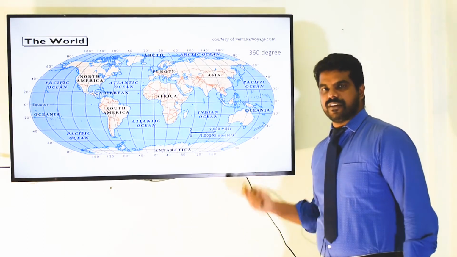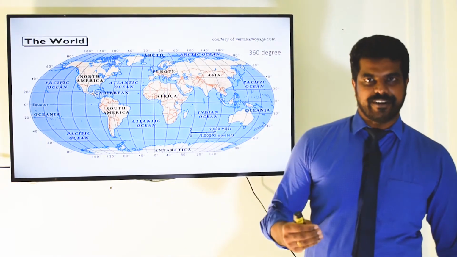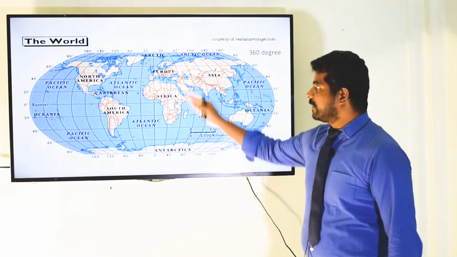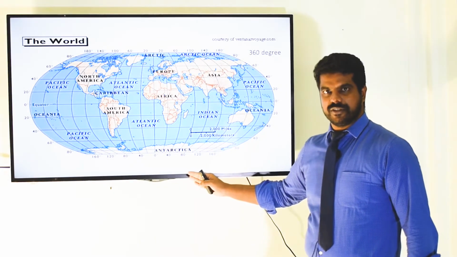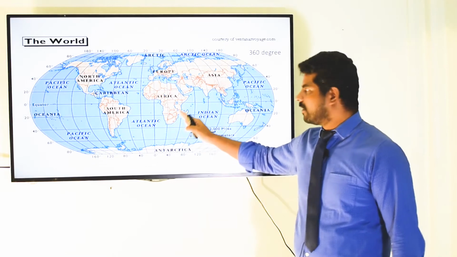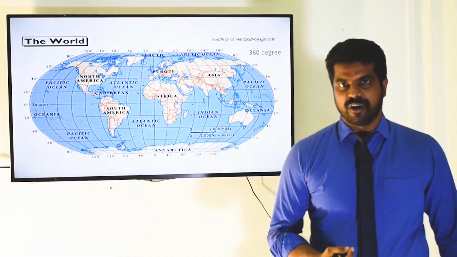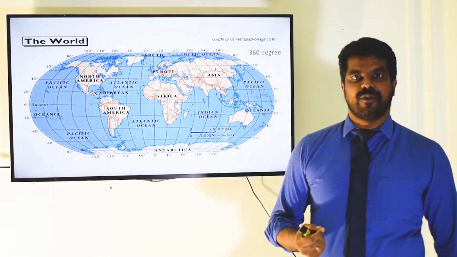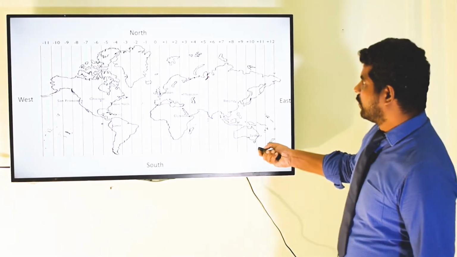This longitude line will help you to identify the time of different countries, right? So the line which falls from north to south is known as longitude line, and these longitude lines will help you to know the time of different countries. All right, and now we are going to look here.